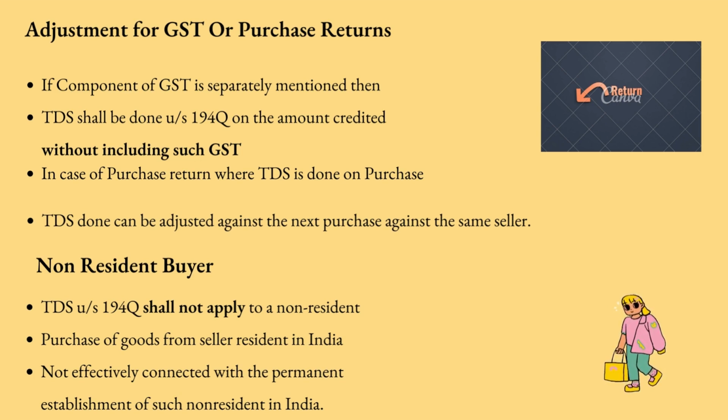That is very simple. If GST is clearly mentioned in the invoice or indicated separately in the agreement or in the invoice, then TDS under Section 194Q of the Act shall be made without including such GST.